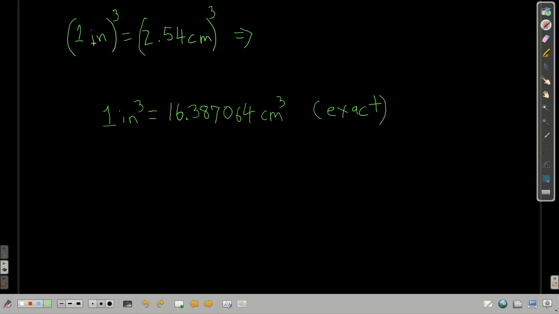That doesn't change. Now we have inches cubed. 2.54 cubed ends up 16.387064, and now the centimeters are cubed. The reason I kept all these numbers here is because it's still exact, right? Remember, 1 inch is exactly equal to 2.54 centimeters. That gives us everything we need. We have an unbroken path.